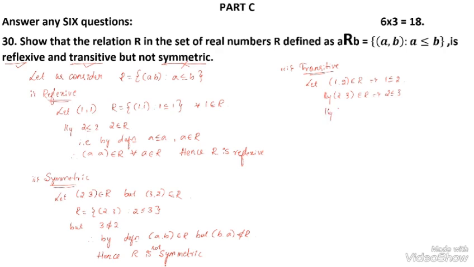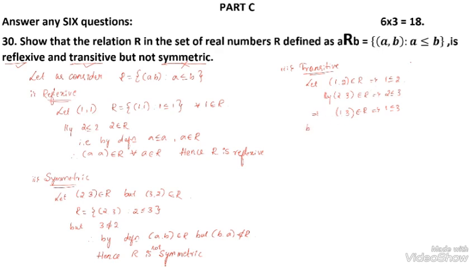Again, taking (1, 3), that implies (1, 3) also belongs to R. 1 is always less than 3. This holds the transitive property.